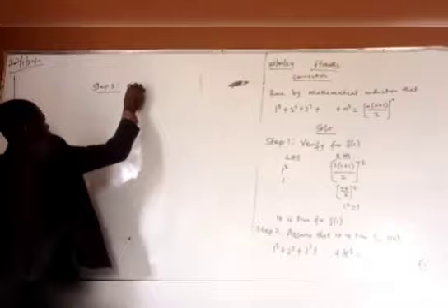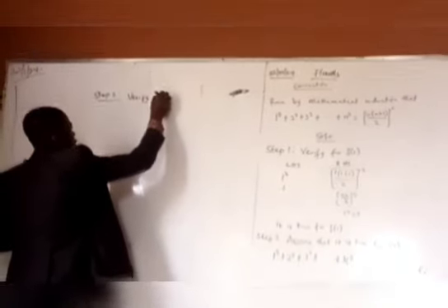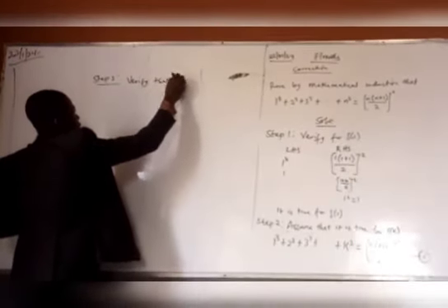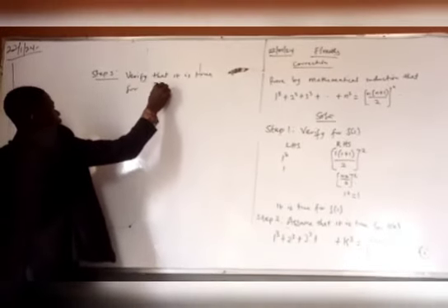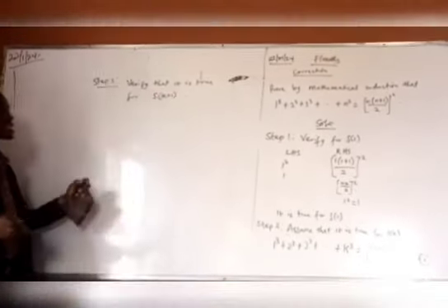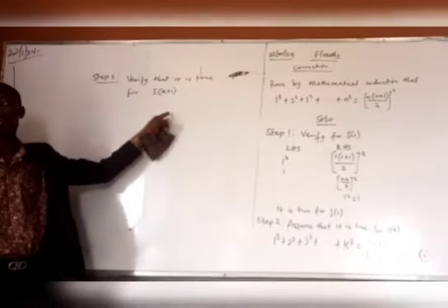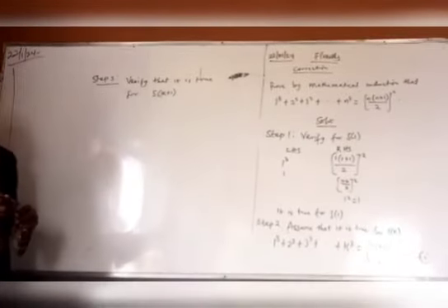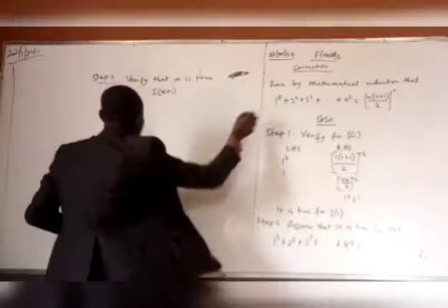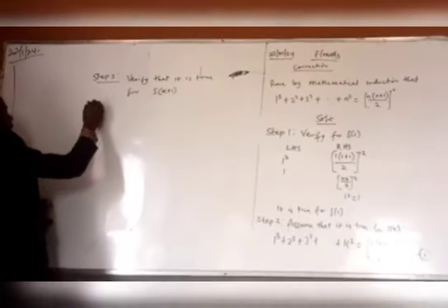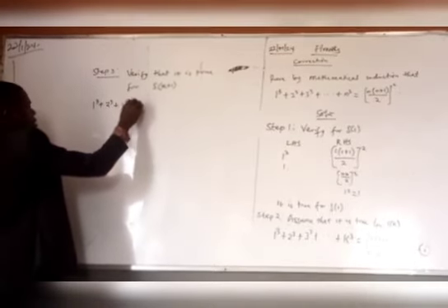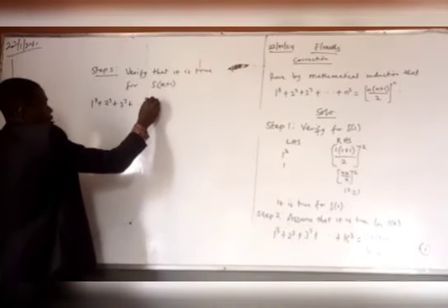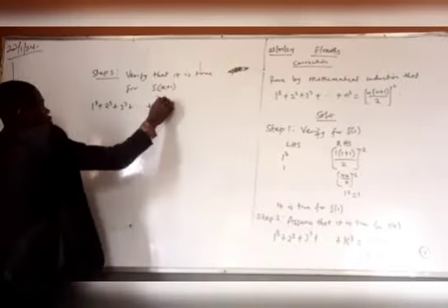So we are going to verify that it is true for S of k plus 1, by simply replacing n with k plus 1. So if we do that here now, we'll have 1 cube plus 2 cube plus 3 cube plus dot dot dot plus k plus 1 cube.